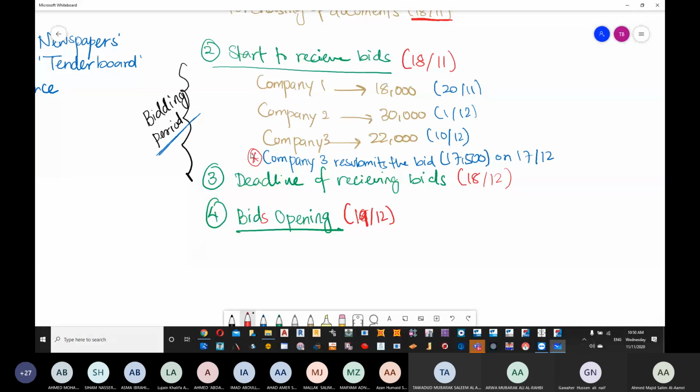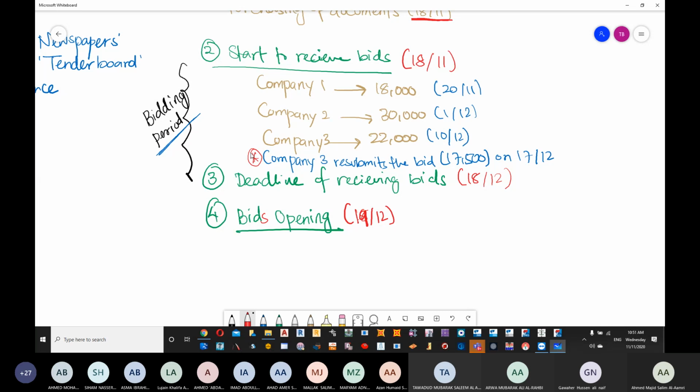The other company will know that company number 1 has bid 18,000, so they'll go and bid 17,900, and they are going to win this particular bid. Are we clear why not to open the bids whenever we receive them? We only open the offers after everything has finished. So there is no way of having companies cheating on the other companies.